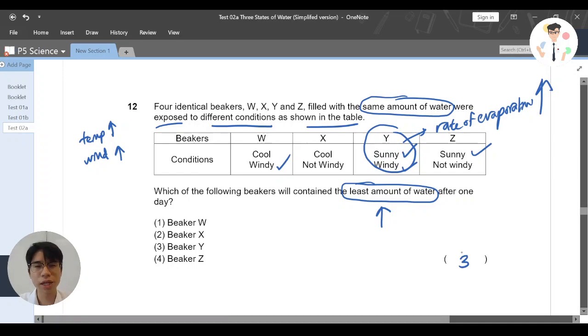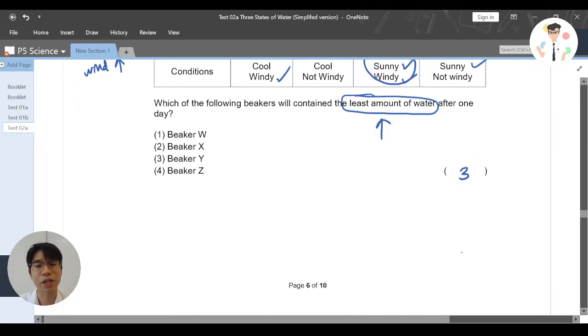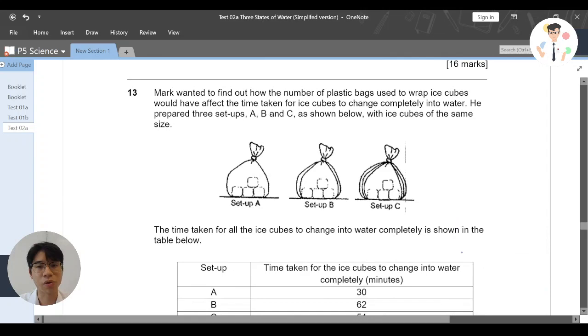Okay, so let's move on to section B, the open-ended question. Here it says that Mark wanted to find out how the number of plastic bags used to wrap ice cubes would affect the time taken for the ice cube to change completely into water.